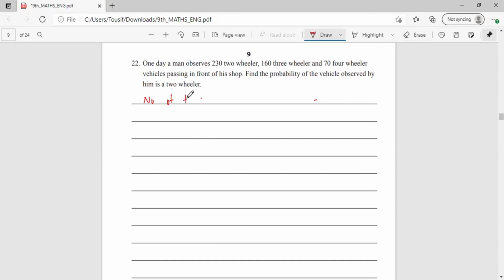Number of two-wheeler vehicles observed by man. How many? That is 230.